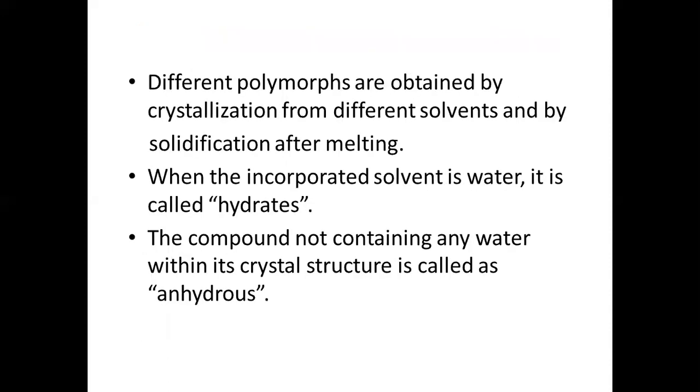Different polymorphs are obtained by crystallization from different solvents; different solvents may be used while crystallizing these drug molecules, and by solidification after melting. First melt them, then solidify them, then you will get a different crystal form, a different polymorph form. When the incorporated solvent is water, we say that hydrates are formed, and a compound not containing any water within the crystal structure is an anhydrous one.